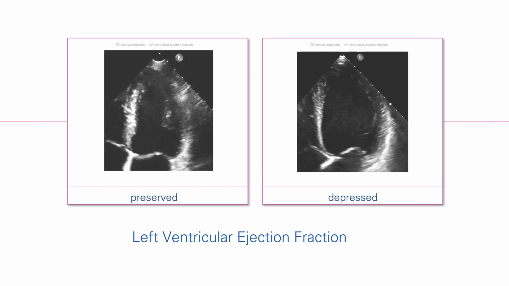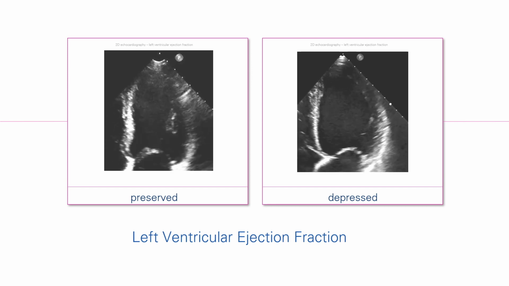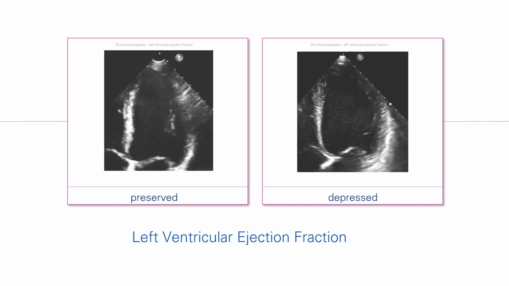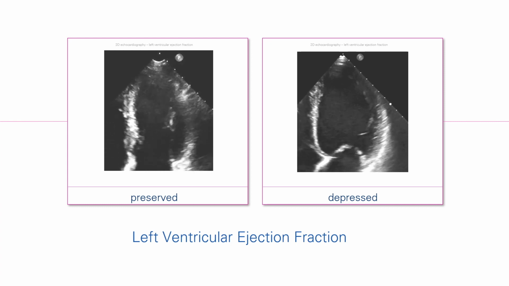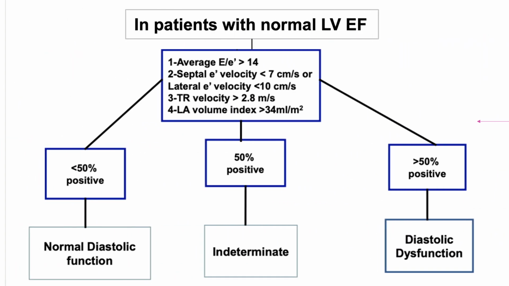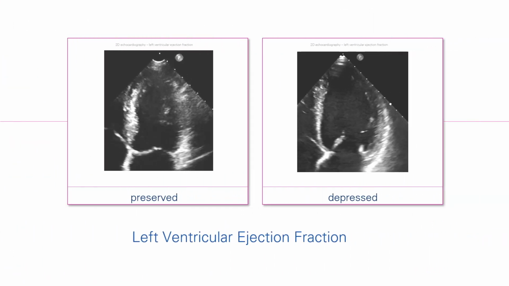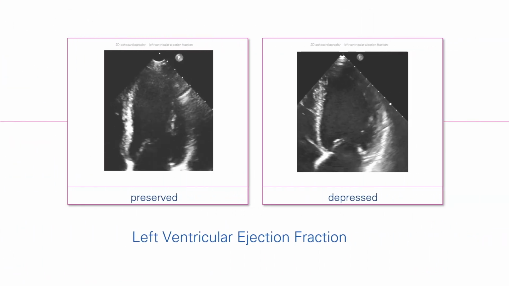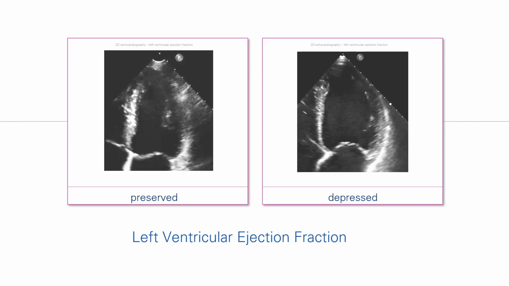It starts with the evaluation of the systolic function. If it is preserved, it continues in one direction. Some echocardiographic parameters are evaluated, which will be examined later, and from the combination of their behavior, diagnostic conclusions are drawn. Another route is followed in case of depressed systolic function.